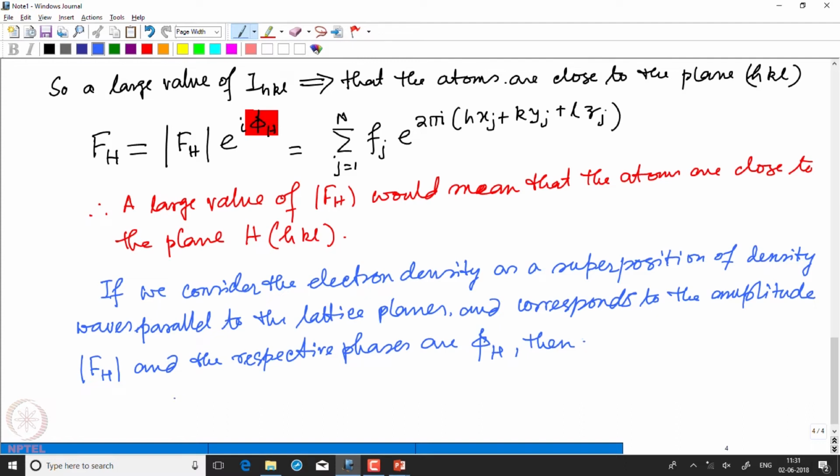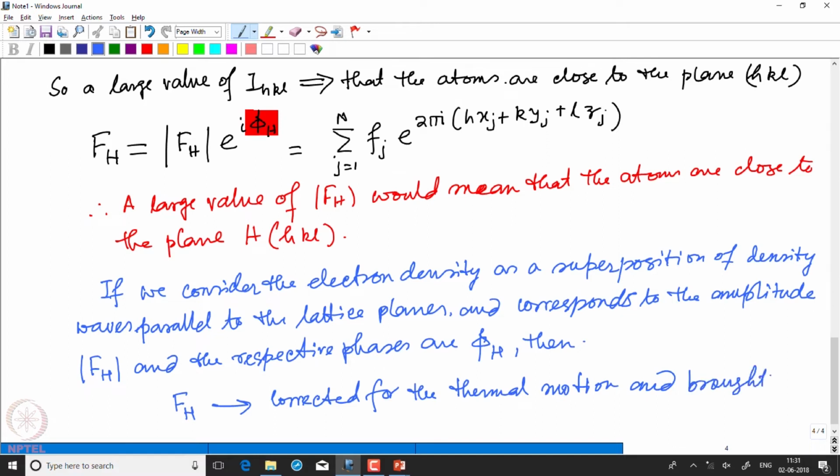the normalized structure factor F_h, which is corrected for the thermal motion and brought to an absolute scale by the method of Wilson plot.